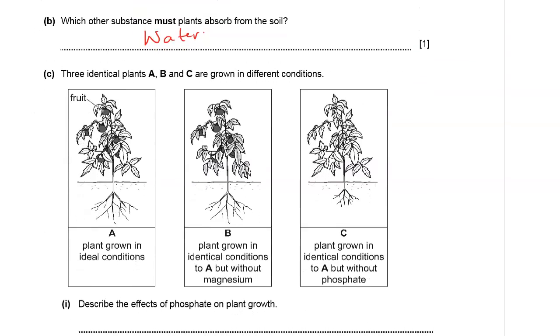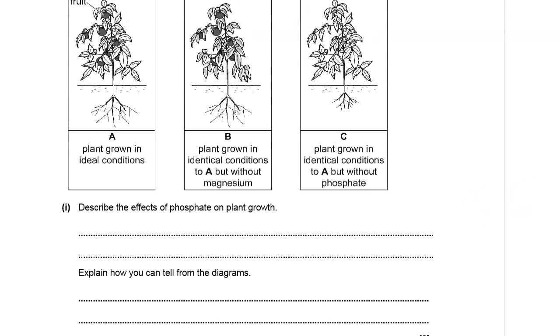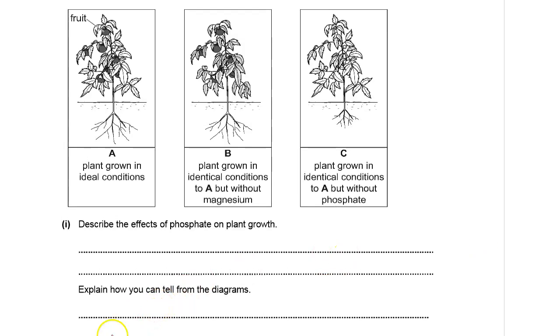Part C, 3 identical plants A, B, and C are grown in different conditions. Plant A is in an ideal condition. Plant B is in identical condition to plant A, but without magnesium. Plant C in identical condition to plant A, but without phosphate. Describe the effects of phosphate on plants' growth.